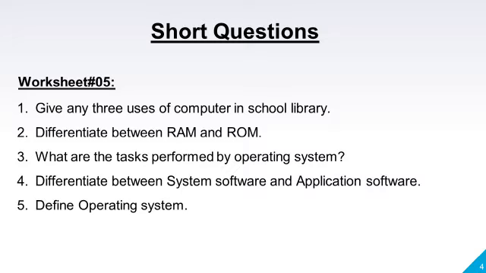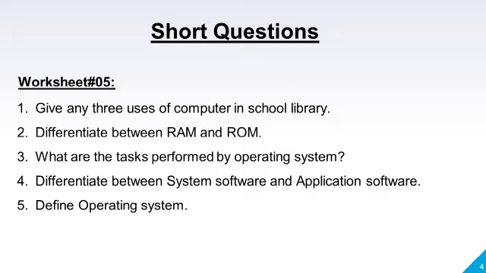Okay, our next question is differentiate between system software and application software. So what is basically system software? It is a collection of computer programs which make the use of computer easy and efficient, and highly experienced computer programmers developed system software, whereas application software are designed for special purposes such as creating a letter or a presentation or managing a database.